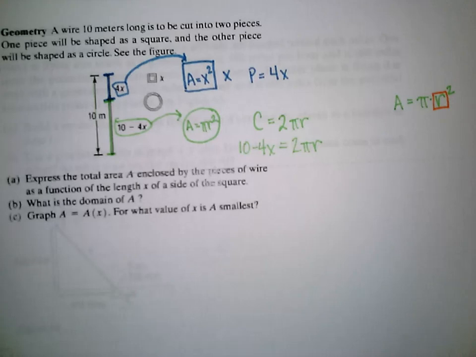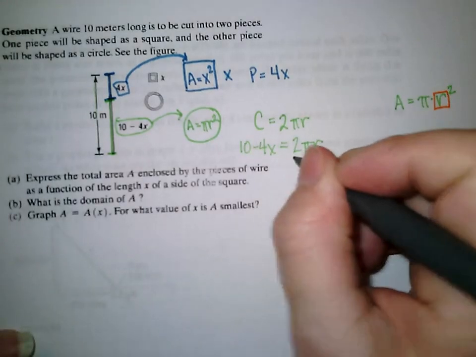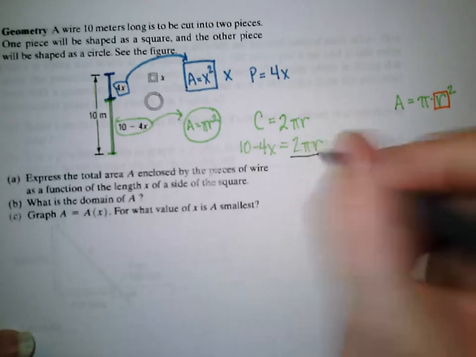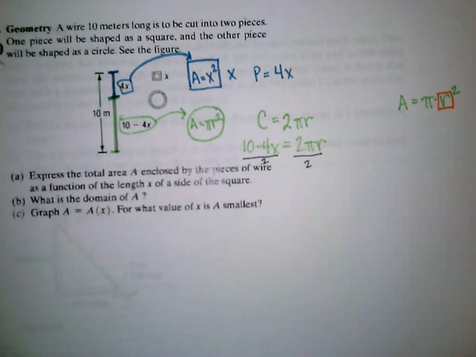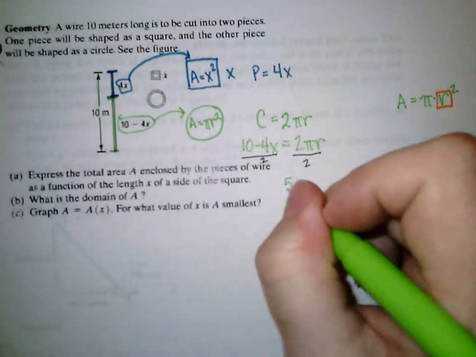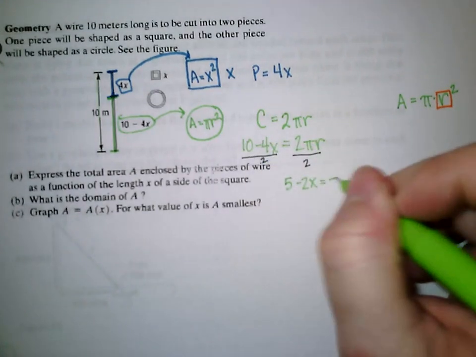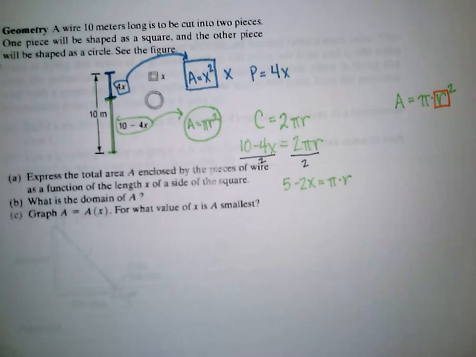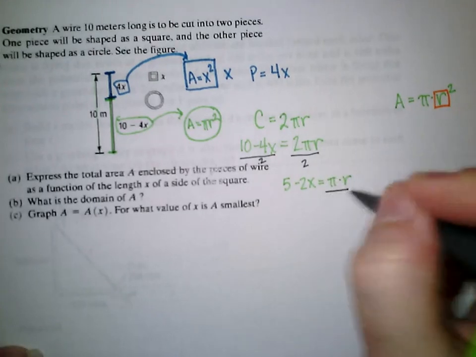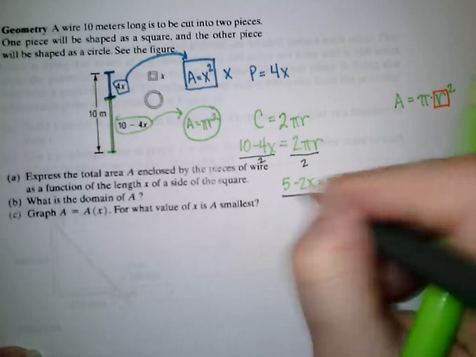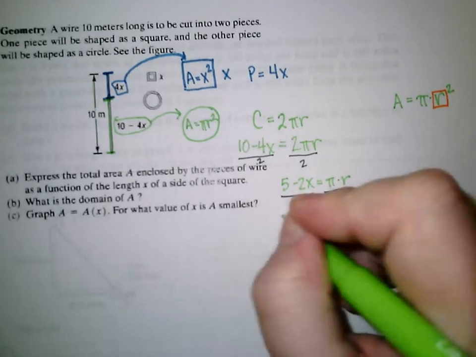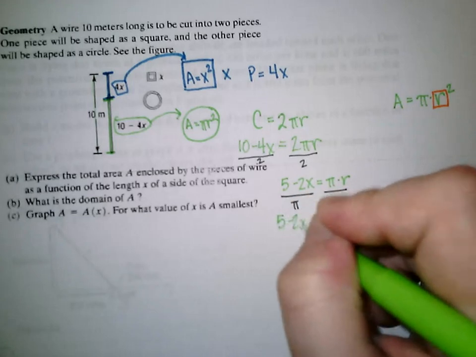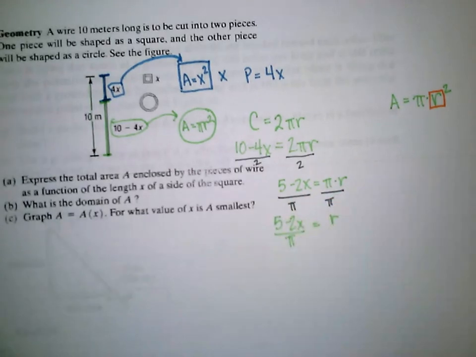So I'll go ahead and start moving some stuff around. I can divide both sides by 2, which would give me 5 minus 2x equals pi times radius. And then divide both sides by pi so that I get radius equals 5 minus 2x divided by pi.